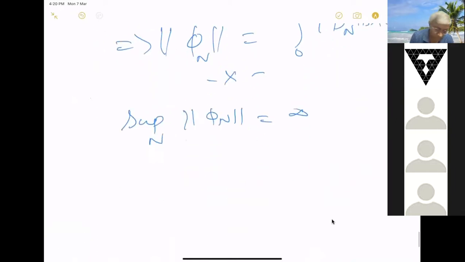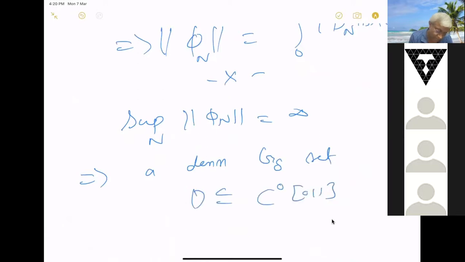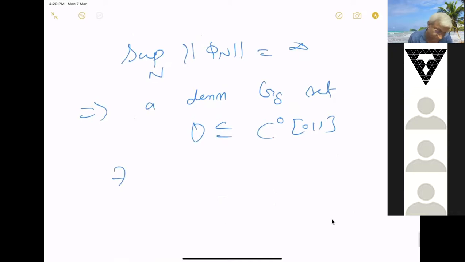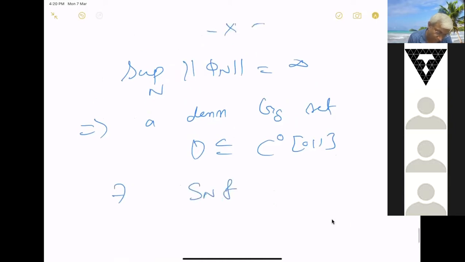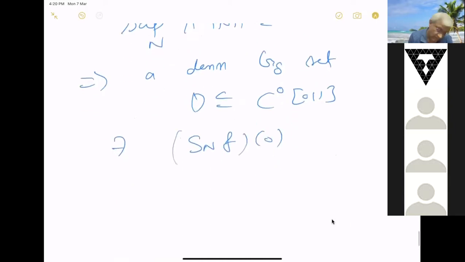So this implies that, indeed, there exists a dense G delta set D contained in this C01, such that phi n of x, that is equal to Sn of f at 0, does not converge at all.